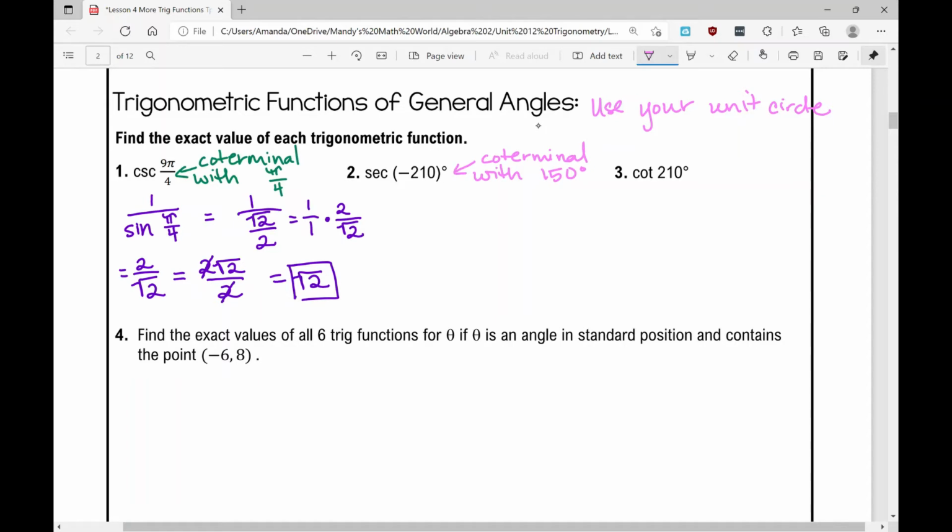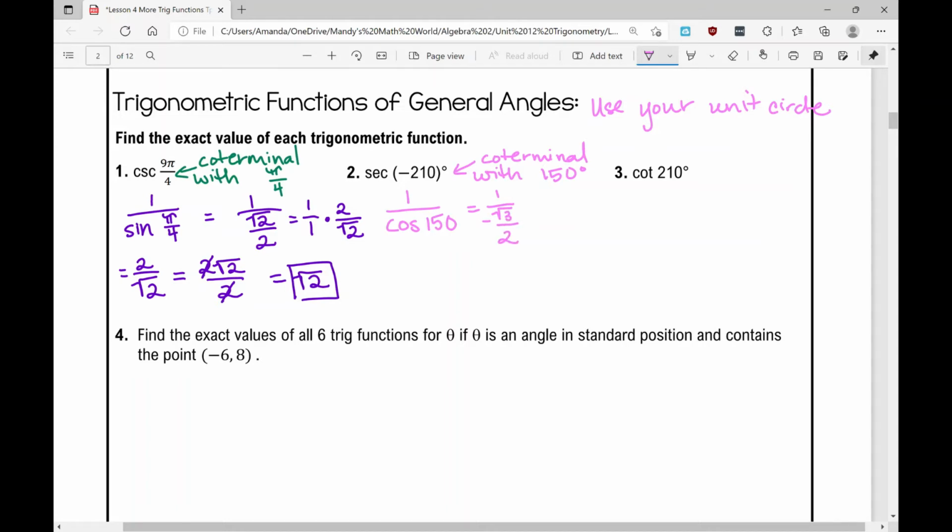So the secant of negative 210 is the same thing as 1 over the cosine of negative 210, but if I'm using my unit circle, I know the value of cosine at 150 degrees. I can easily see that on my unit circle. The cosine of 150, that's the x value, is negative square root of 3 over 2. So I'm going to do 1 divided by negative square root of 3 over 2.